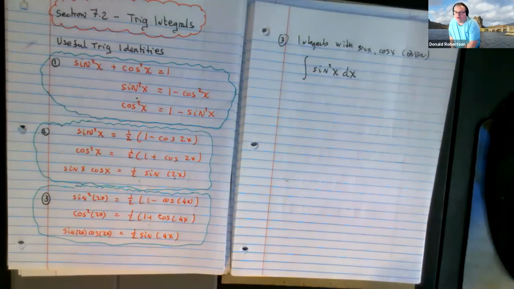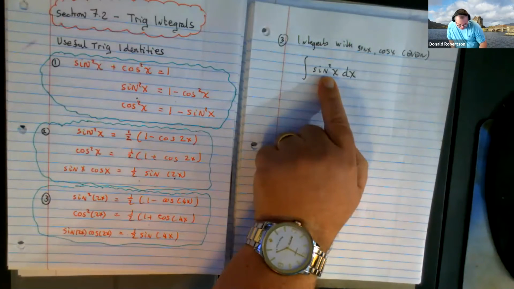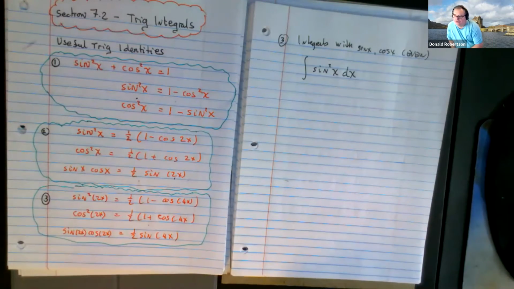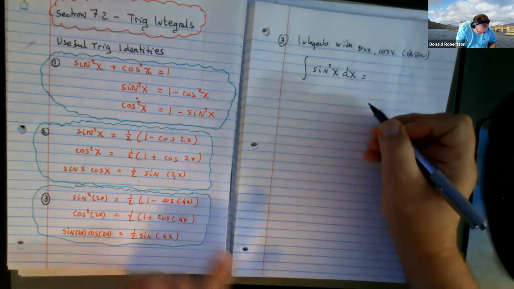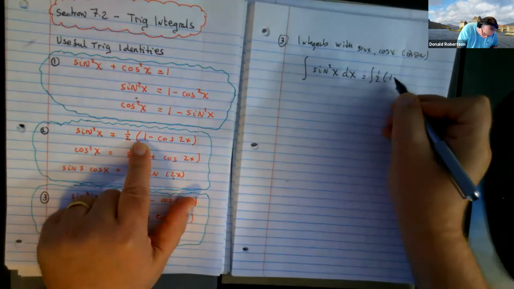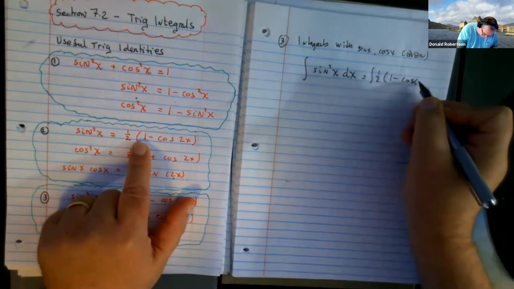You are not going to do a U-sub in any of these questions. We are basically going to take whatever they give us and use identities to change them into something we can integrate. Sine squared x can be written as 1/2, 1 take away the cosine of 2x.